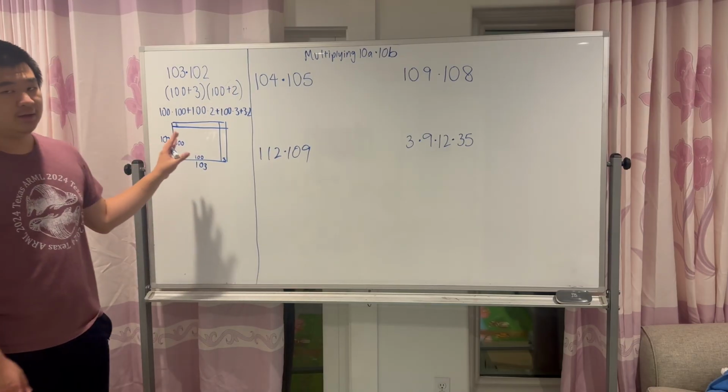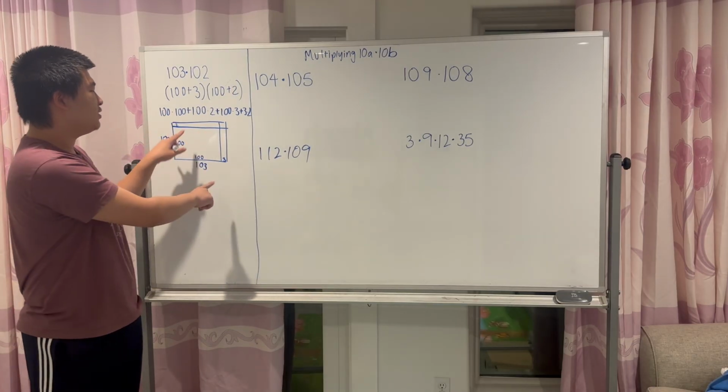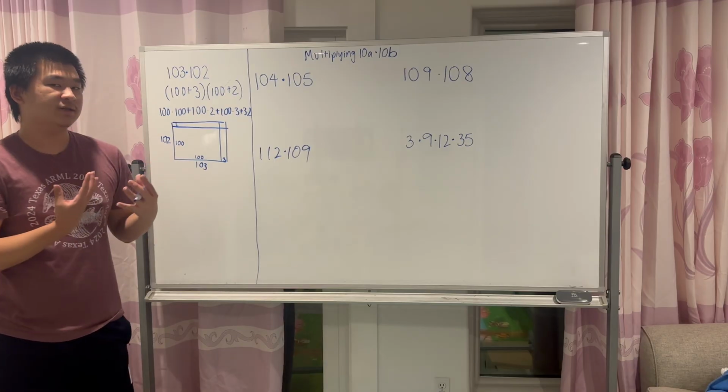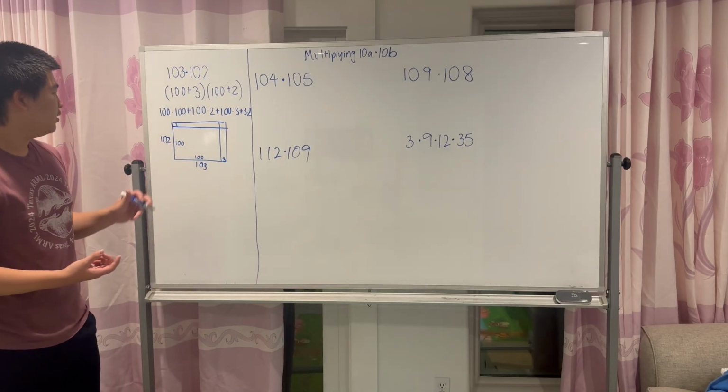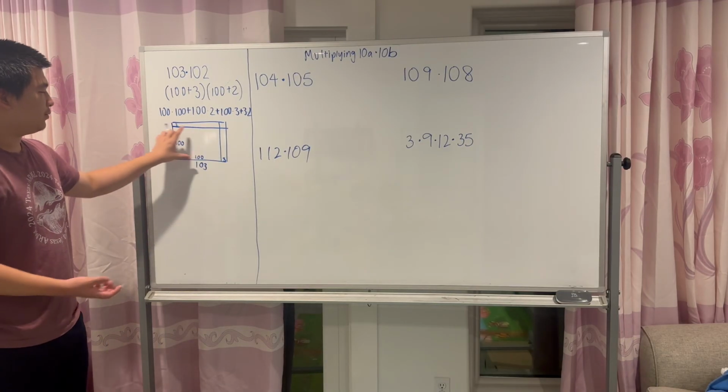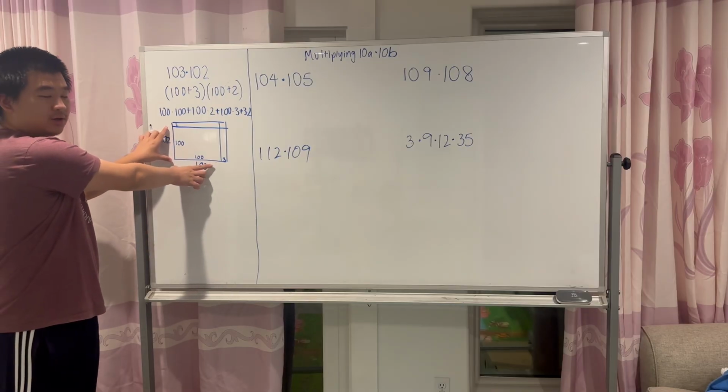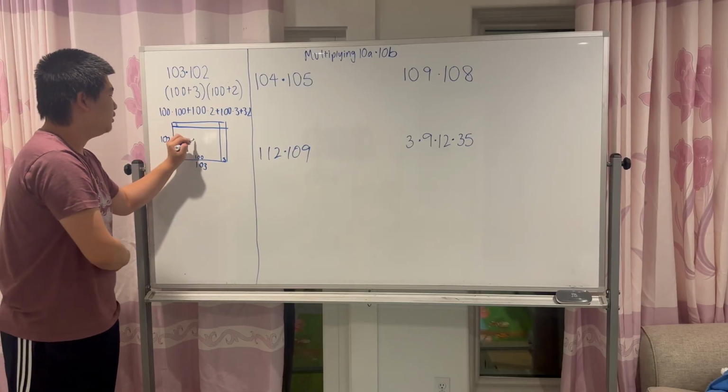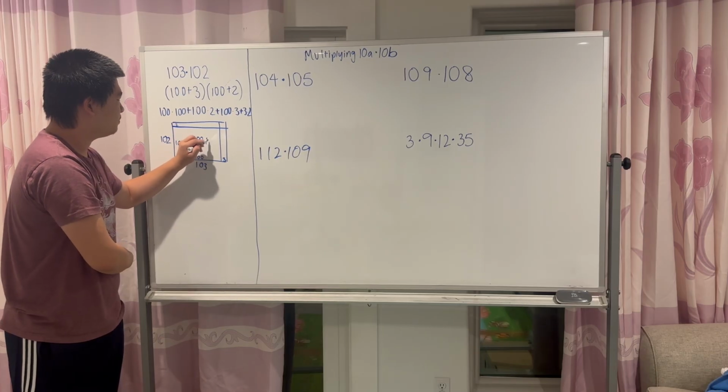And now when we calculate the area of this big rectangle using these 4 smaller rectangles, this is actually equivalent to FOILing it out. For example, this bigger rectangle in here is 100 times 100, right? Well, it's a square, but yeah, it's 100 times 100.